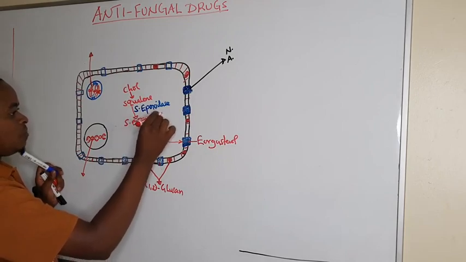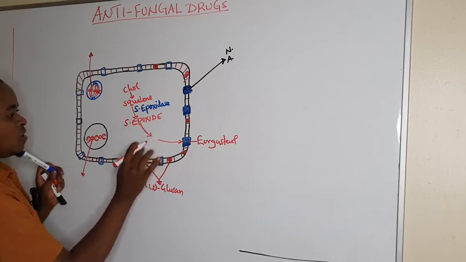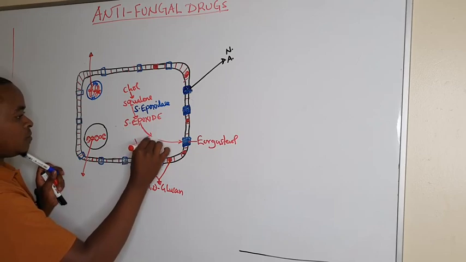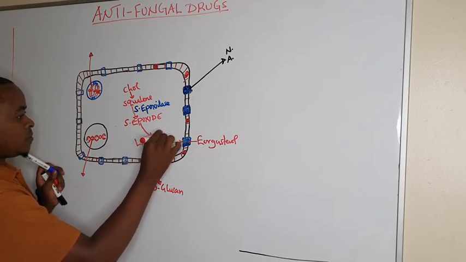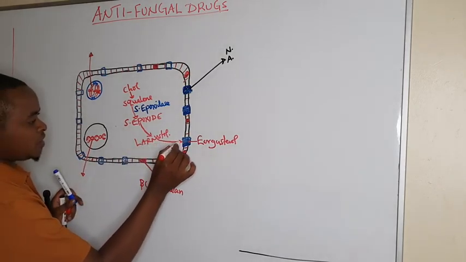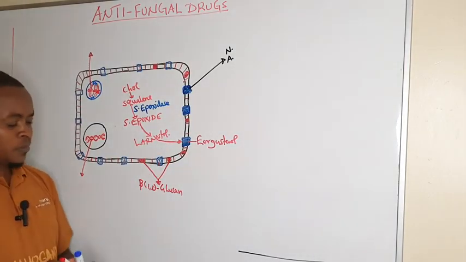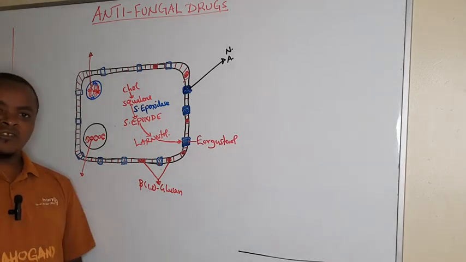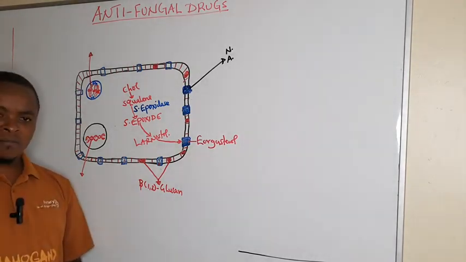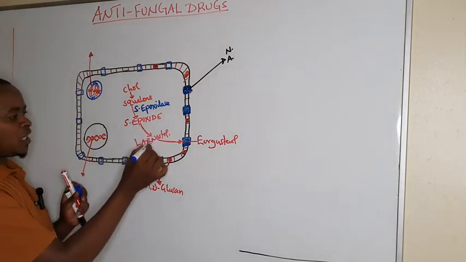Then this squalene epoxide is the one that is converted into lanosterol. Then lanosterol is converted into ergosterol, which is transported to the cell wall. So we want to see different drugs which target different mechanisms.